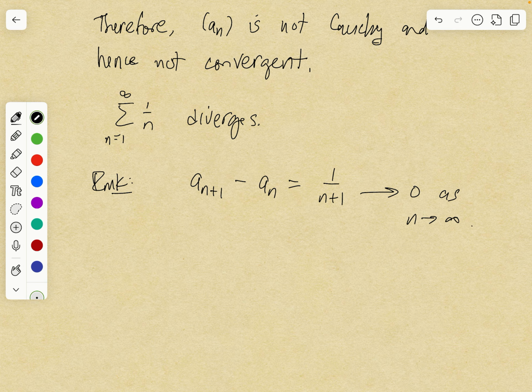So being Cauchy is stronger than just saying that the successive differences approach 0. Being Cauchy doesn't mean that if you have a1, a2, a3, a4, that these differences go off to 0. That's not true.